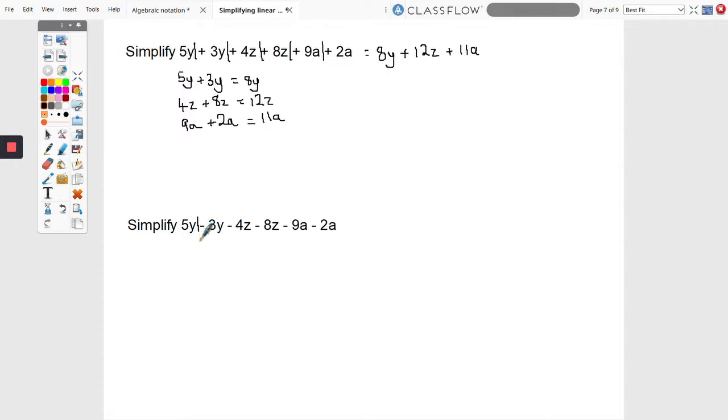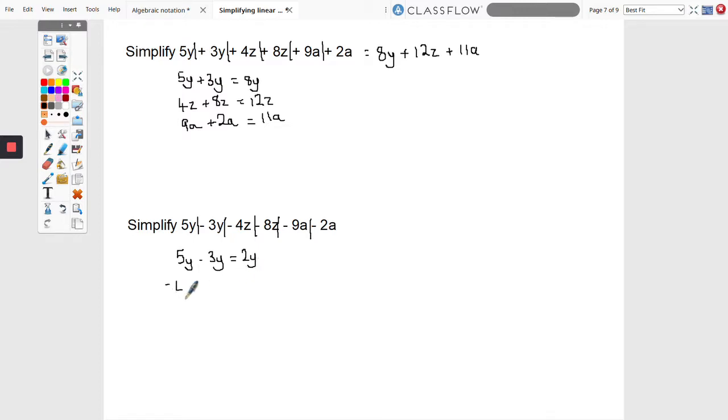Now we have 5y minus 3y minus 4z minus 8z minus 9a minus 2a. So again, line before the sign. So I have 5y minus 3y, and that's going to give me 2y.